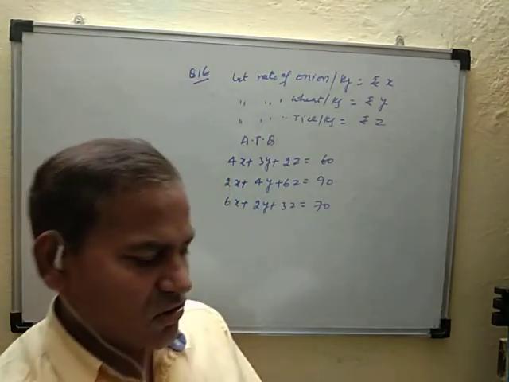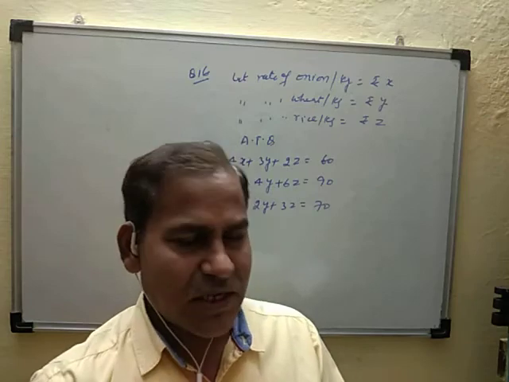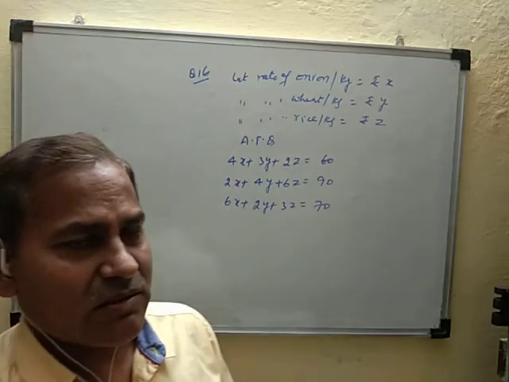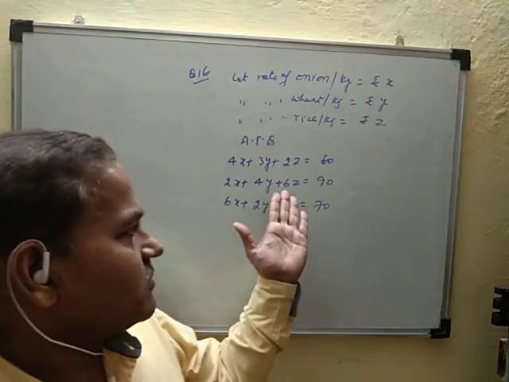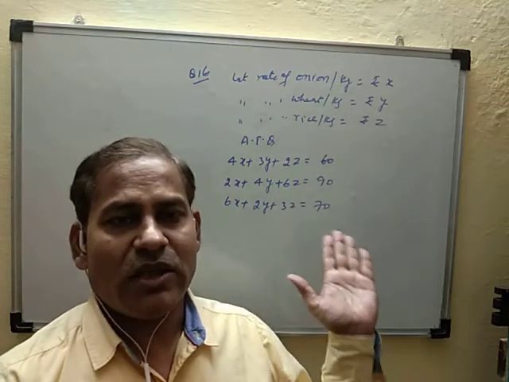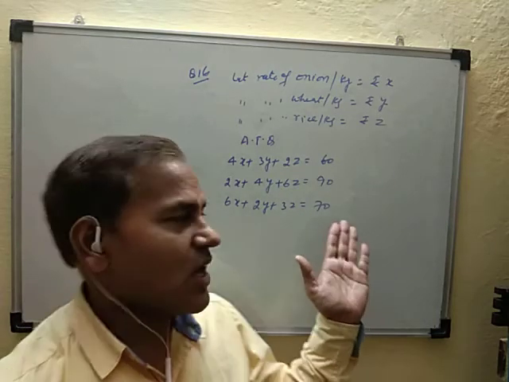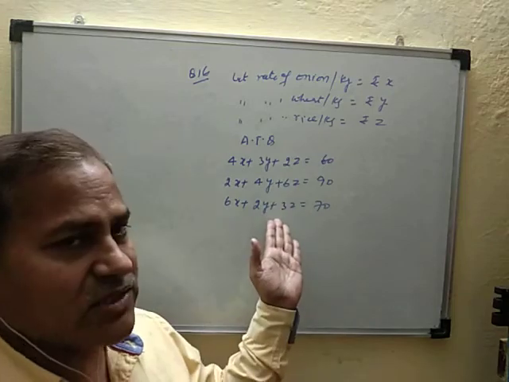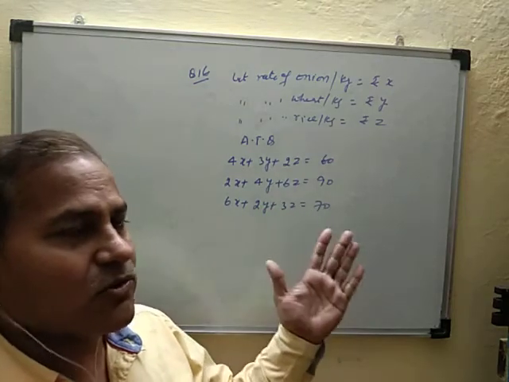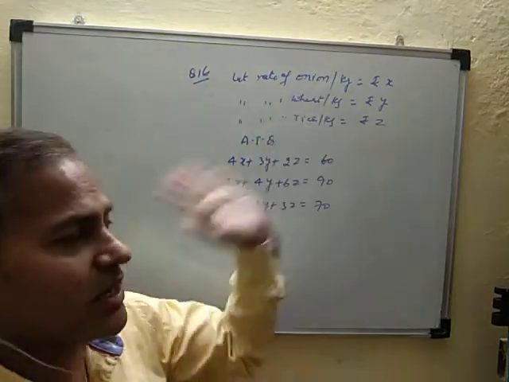Find the cost of each item per kg by the matrix method, that is, solve using the inverse of a matrix and find the values of x, y, z. That value is the rate of the 3 items.